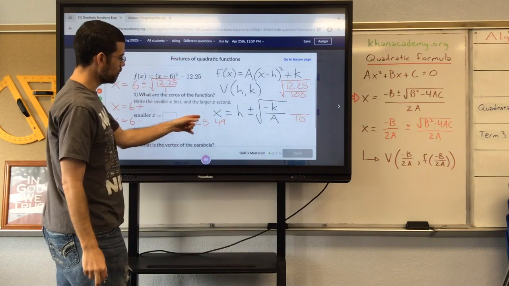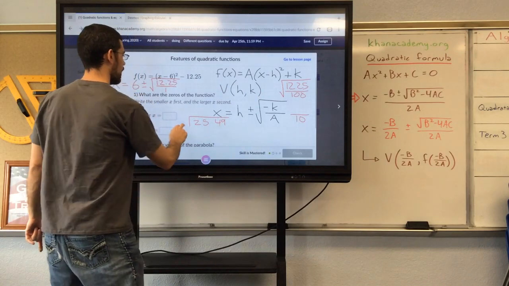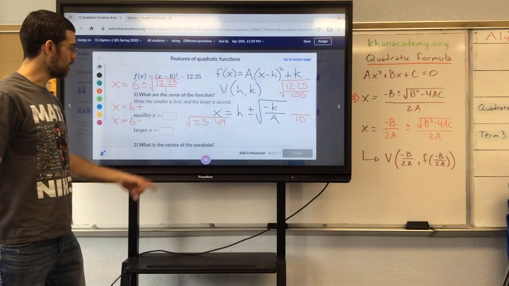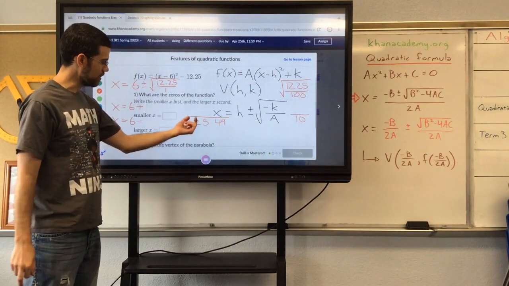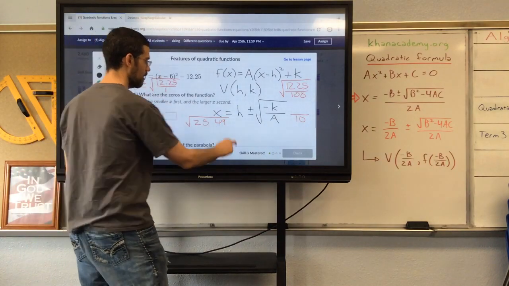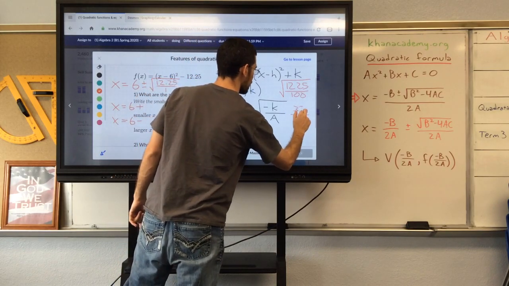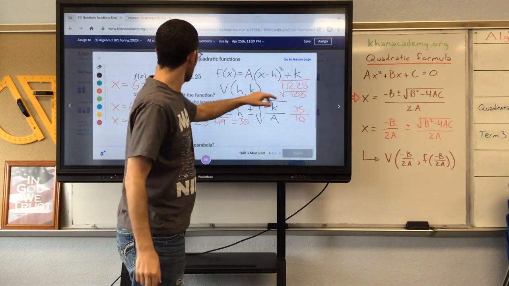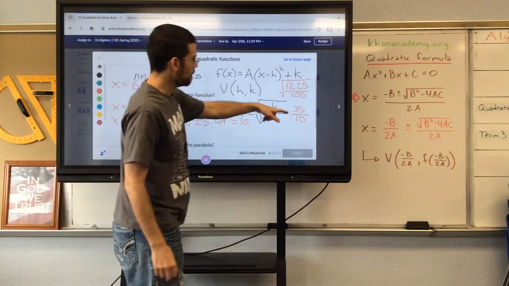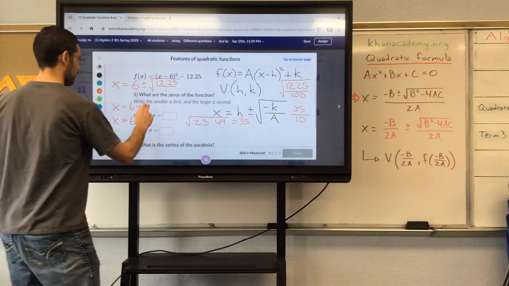Okay, so 25 times 49 is 1,225. If we take the square root of that, we can take the square root of each of these factors, so that'll be 5 times 7, so that equals 35. So that goes here. So the square root of 12.25 is 35 divided by 10, or 3.5.